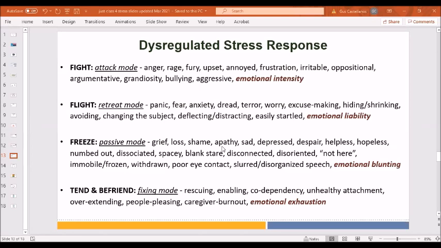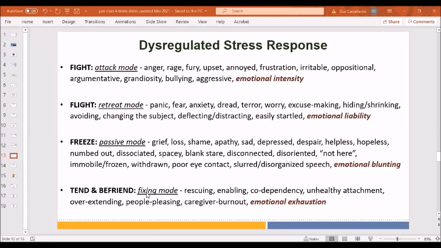And the behavioral correlates are things like being numbed out, dissociation. This is the one for dissociation: spaced out, blank stare, the speech is disorganized, poor eye contact, person describes themselves as being frozen, not here, not present. And so being aware that this may be a dysregulated stress response.